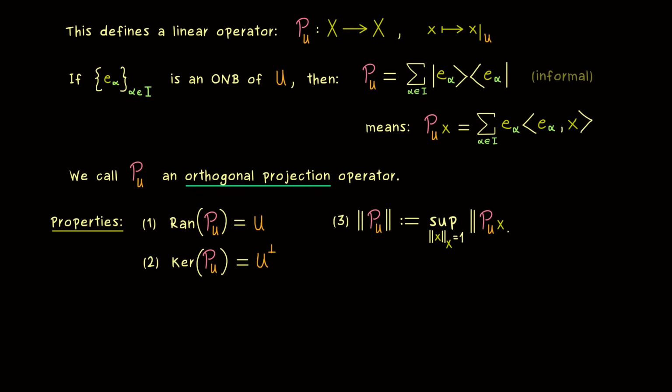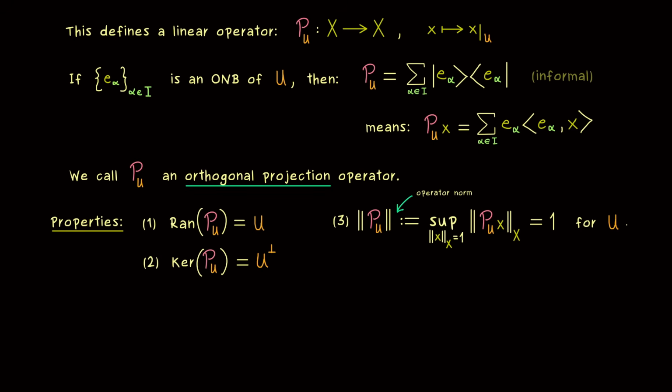And of course, the norm here, the length, is just the induced norm in the Hilbert space. Okay, so this is the operator norm, and for our P_U, this one is almost always equal to 1. This is also quite clear, because if we project a vector, it cannot get larger in length. In fact, this is just the Pythagorean theorem in action.